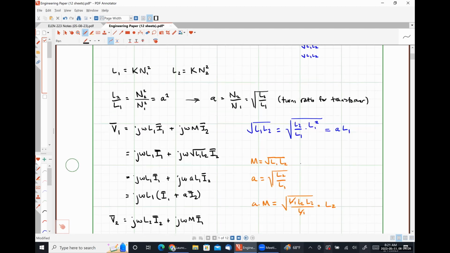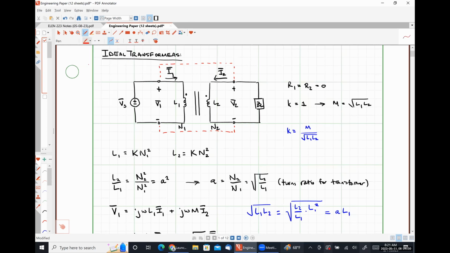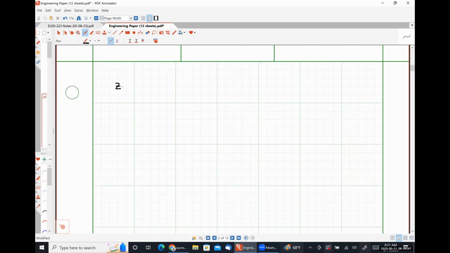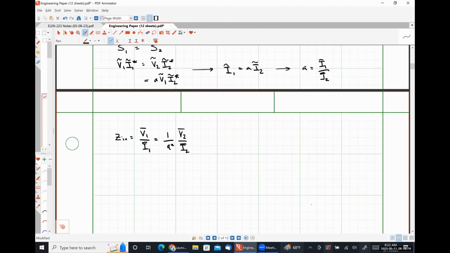So if we look at our diagram up here and we were trying to find the input impedance seen looking in to the primary terminals of our transformer, what we would have is the exact same relationship we had in our last class meeting. Zin is equal to V1 over I1, which is going to be 1 over A squared times V2 over I2 from these relationships, right?